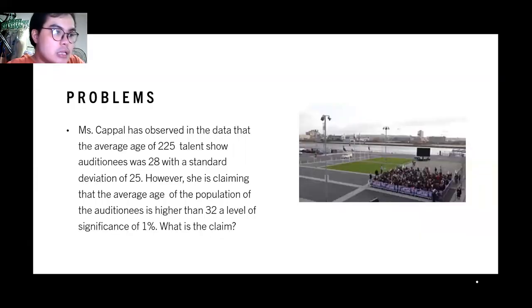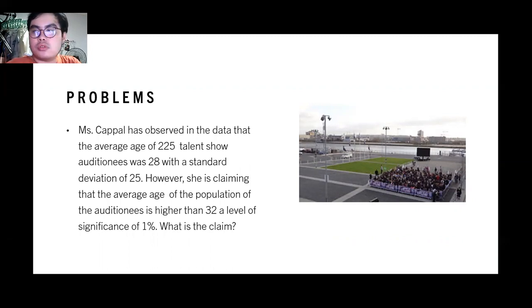Miss Kapal has observed in the data that the average age of 225 talent show auditionees was 28 with a standard deviation of 25. However, she's claiming that the average age of the population of the auditionees is higher than 32, and the level of significance is 1%.